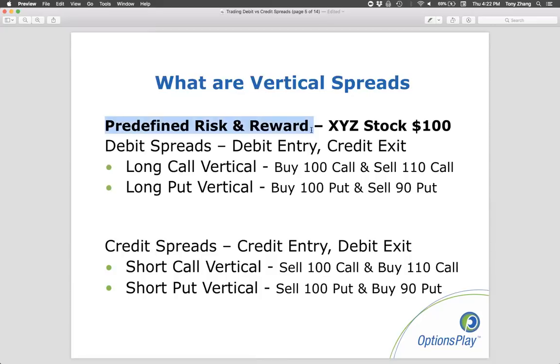When it comes to trading anything, it's always good to know what your potential outcomes are before you get into a trade so that nothing is a surprise to you. And when you're trading vertical spreads, you know what your max risk is, you know what your max reward is, and it's relatively simple to calculate when you'll hit your max reward, when you'll hit your max loss, and where your break-even price is, because vertical spreads are fairly straightforward from that perspective.